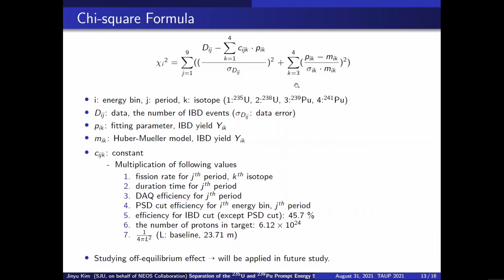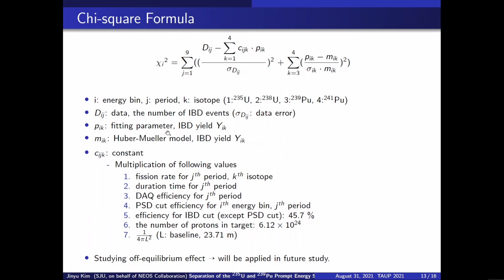By using this chi-square formula, we obtain IBD yields for each isotope, which fit data with minimum chi-square value. This fitting is performed for each energy bin. This term is the basic form of chi-square, and this is the full term with constraints for fitting parameters for uranium-238 and plutonium-241.